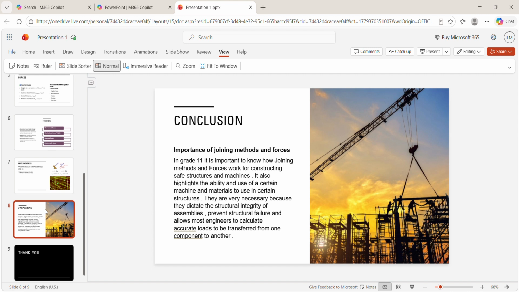It also highlights the ability and use of a certain machine and materials in a certain structure. They are very necessary because they dictate the structural integrity of assemblies, prevent structural failure, and allow engineers to calculate accurate loads to be transferred from one component to another.